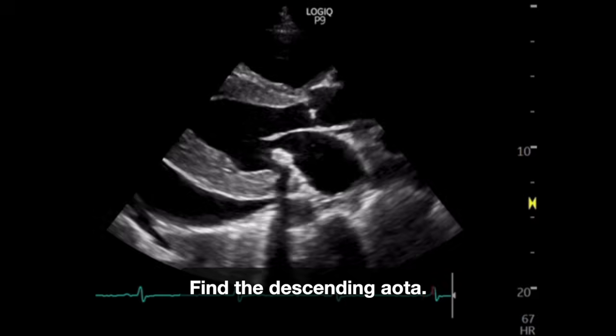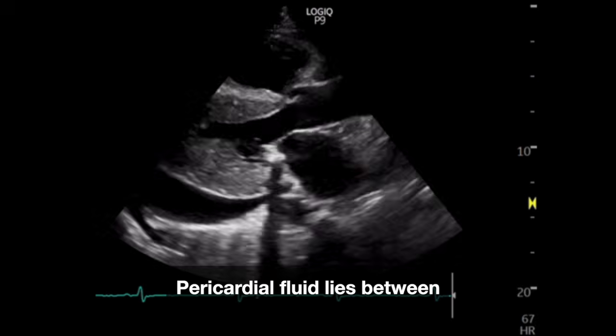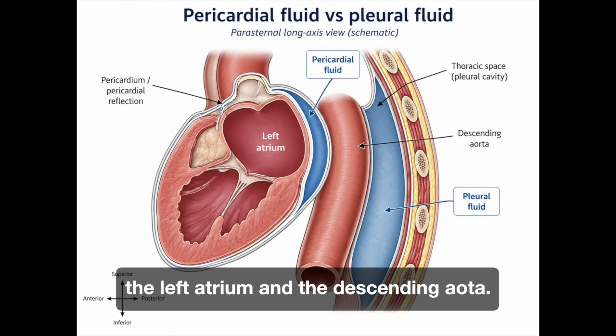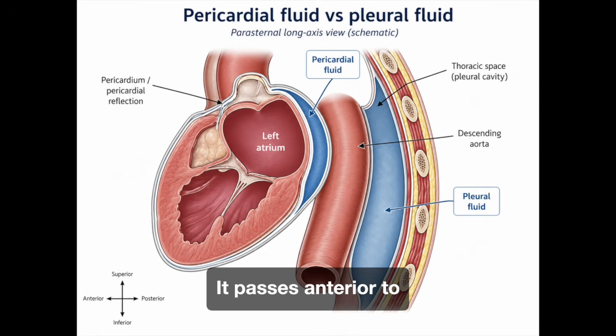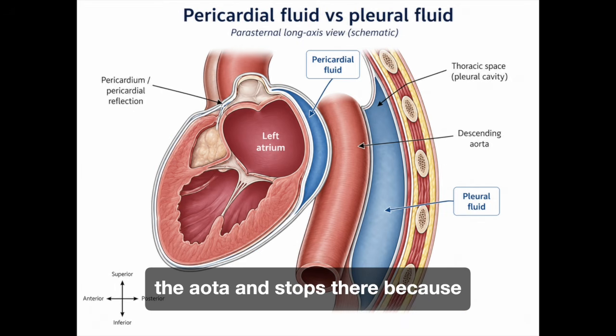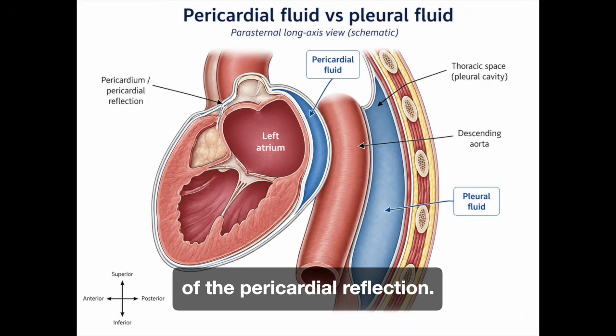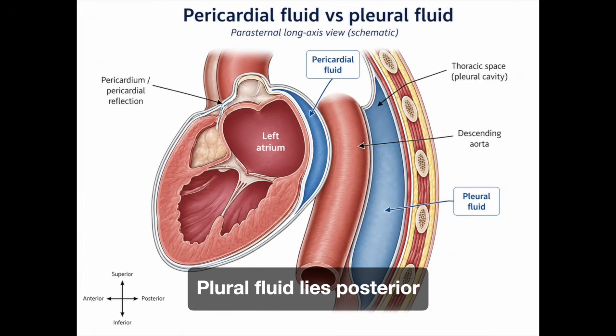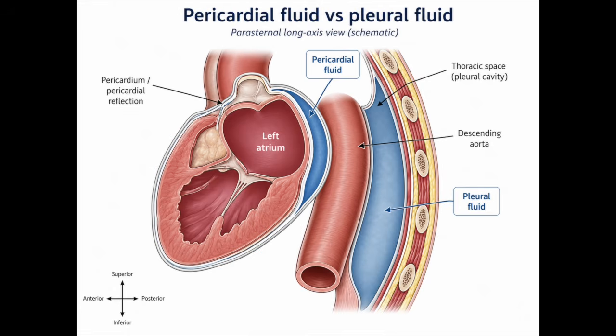Find the descending aorta. Pericardial fluid lies between the left atrium and the descending aorta. It passes anterior to the aorta and stops there because of the pericardial reflection. Pleural fluid lies posterior to the descending aorta and continues beyond it.